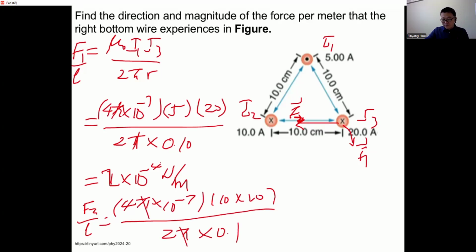On the top, we have 2 times 200, so that will be 4, and then over 0.1, that means times 10, right? So 200 times 10 is 2000, and then 4000, because 4 over 2 will be 2. 4000 times 10 to the -7 will be 4 times 10 to the -4 newtons per meter.